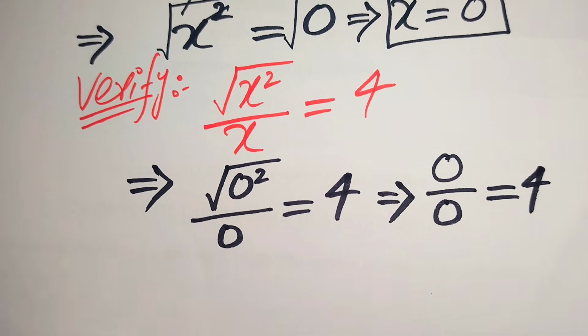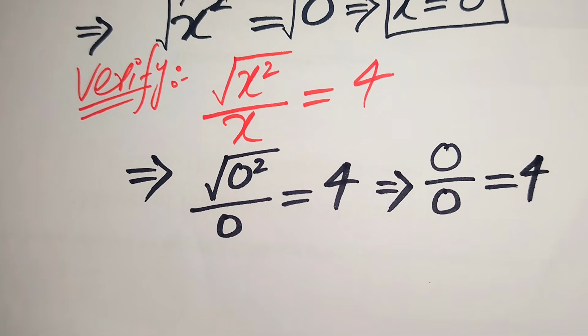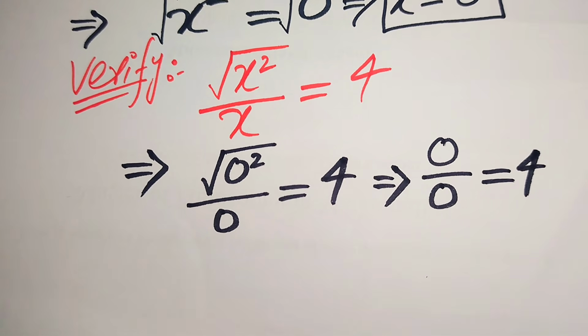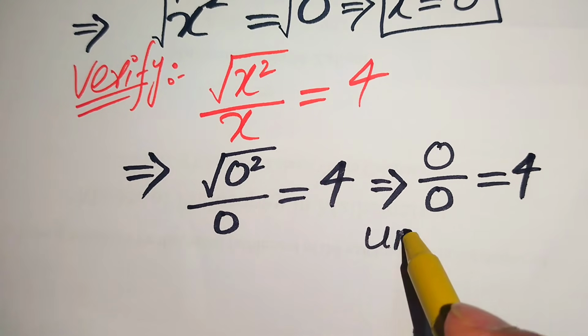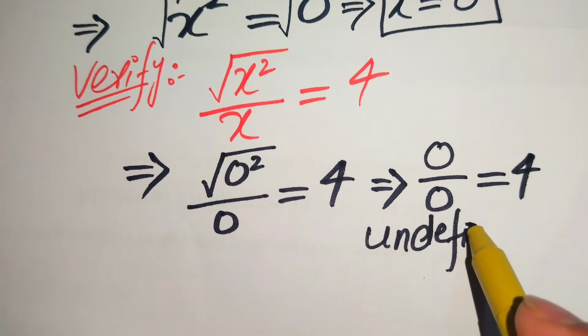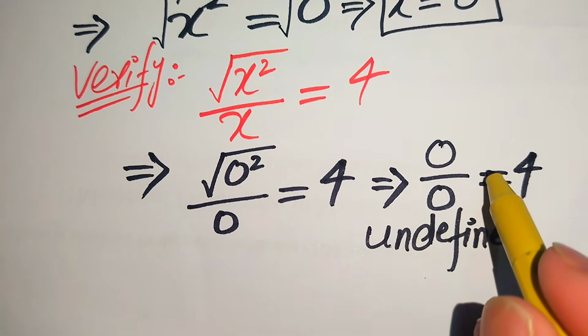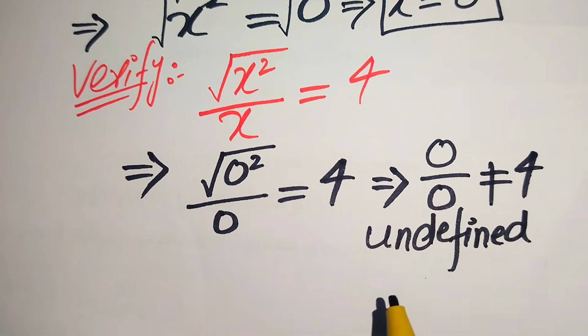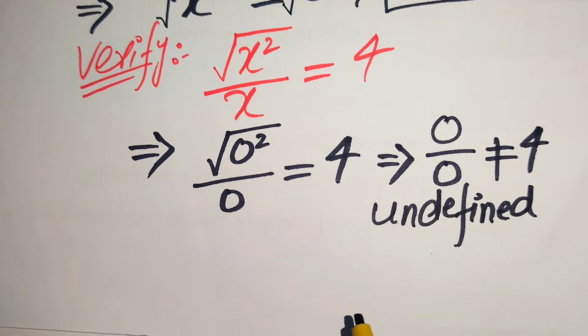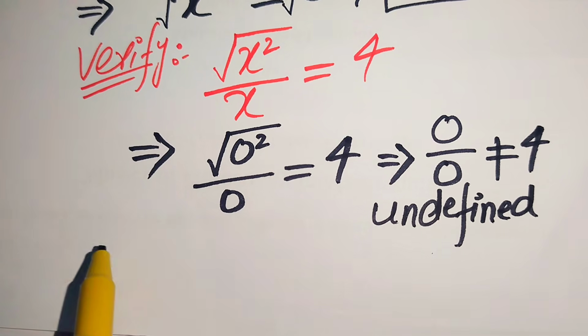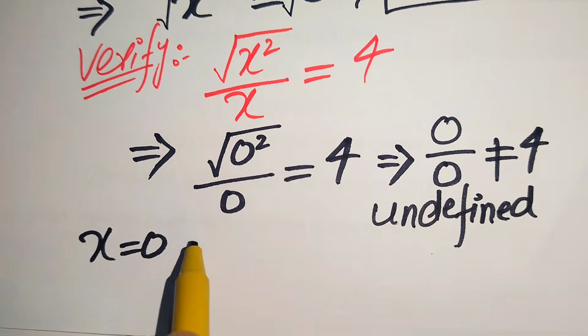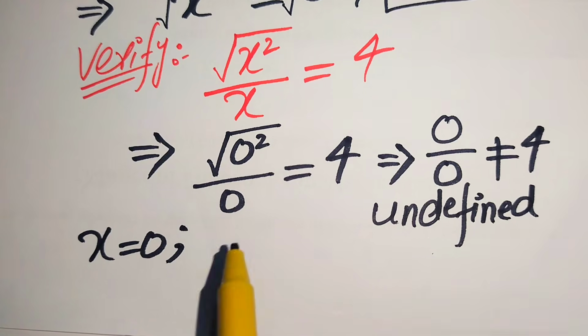So you see that the left hand side becomes 0 over 0 form, or in other words, an undefined form. This means that the left hand side is undefined, so both sides are not equal. And if both sides are not equal, this concludes that the value x equal to 0 does not satisfy our given question statement.